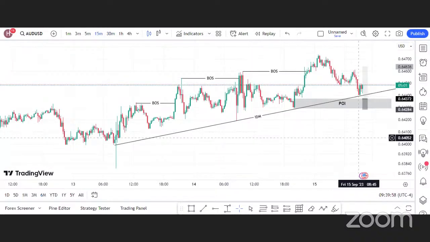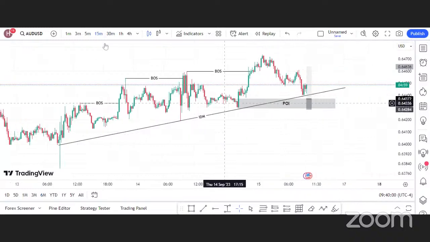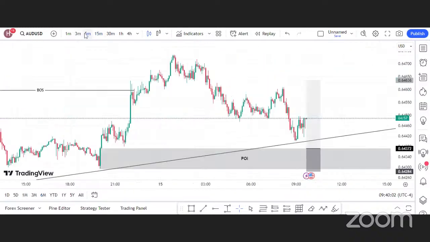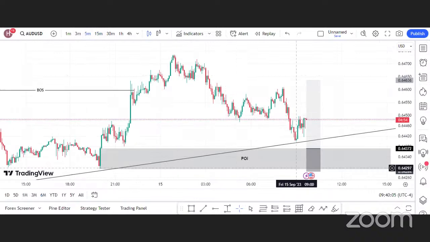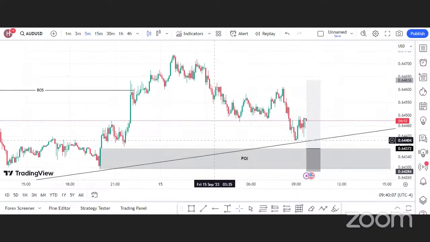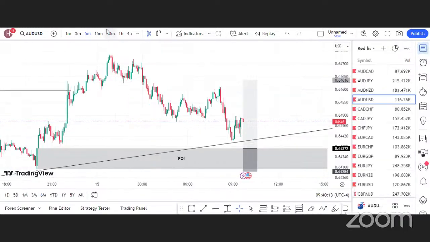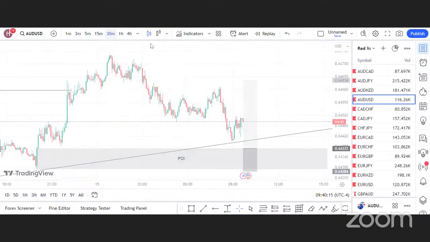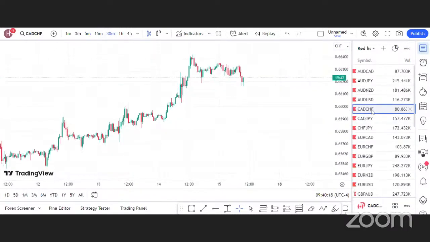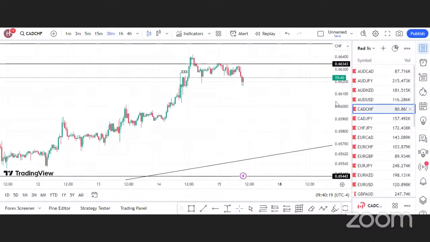The analysis here was done on the 15-minute time frame, and it would be best to take the trade from the 5-minute time frame. So let's go to another pair to make another analysis.